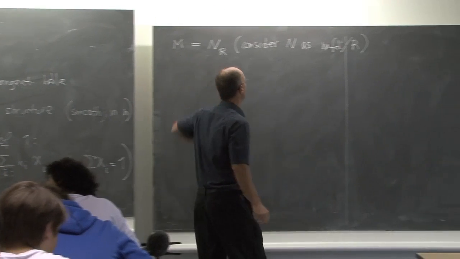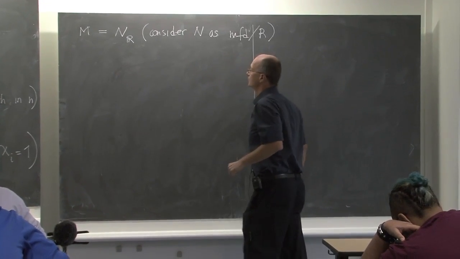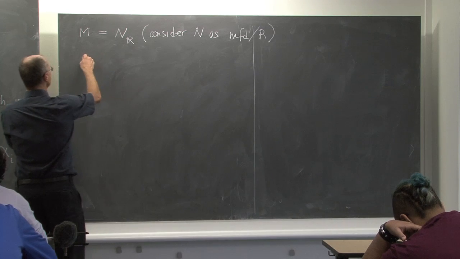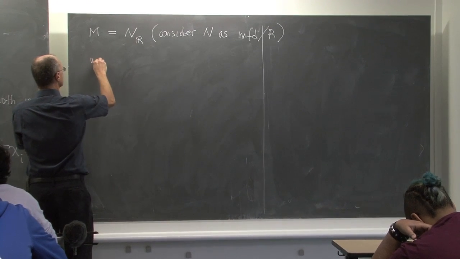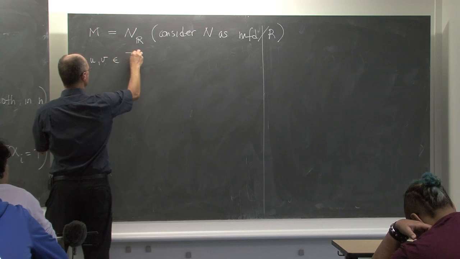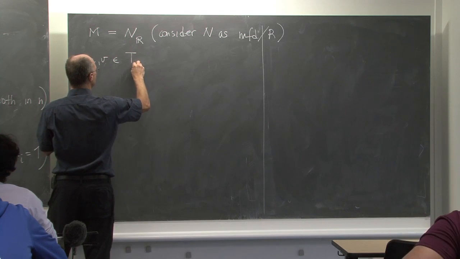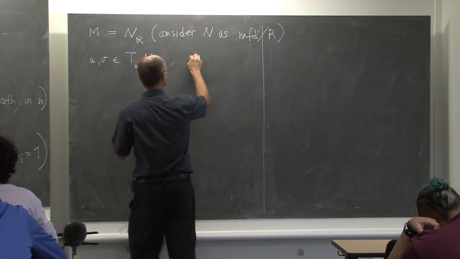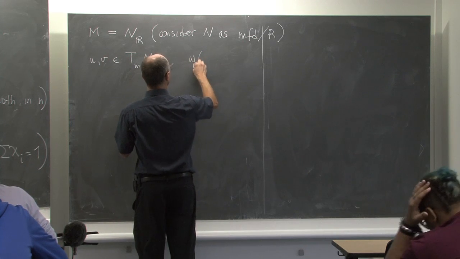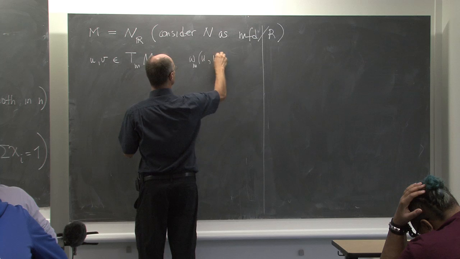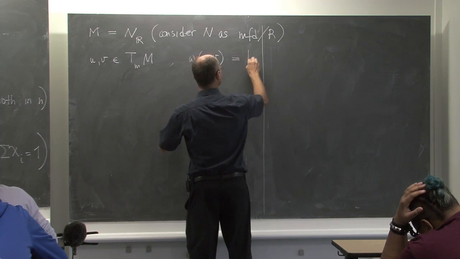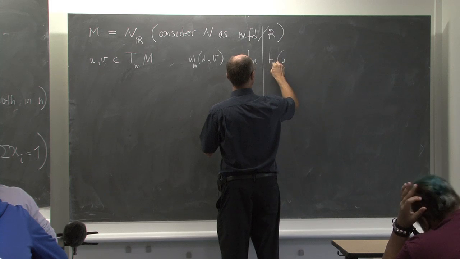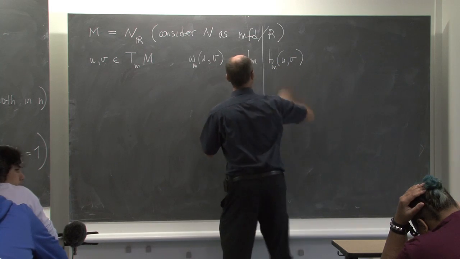So in this way, we obtain a structure of a real manifold on M. And now we simply play the same trick as before. So we take two tangent vectors u, v, and we declare omega_m(u,v) to be the imaginary part of h_m(u,v).